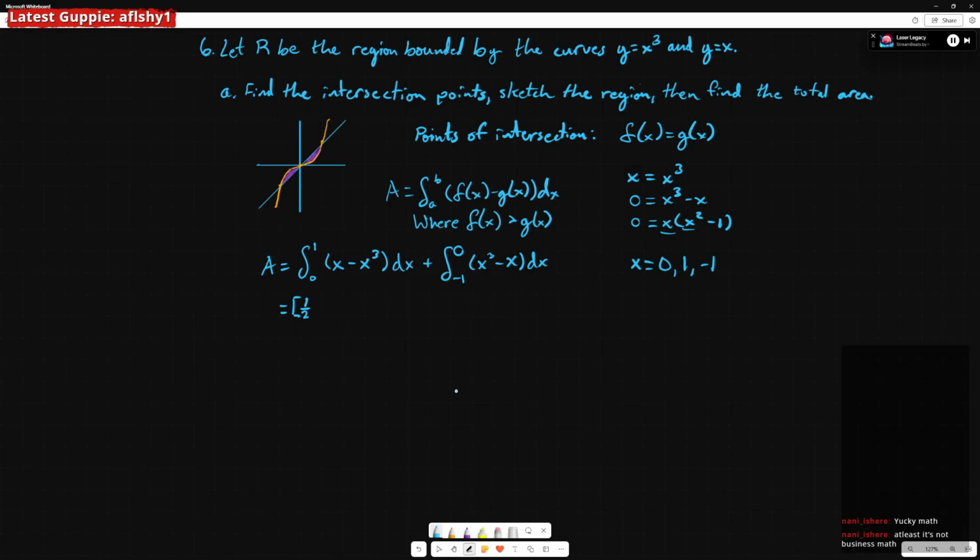So 1/2 x squared minus 1/4 of x to the 4th from 0 to 1 plus 1/4 of x to the 4th minus 1/2 of x squared from -1 to 0.